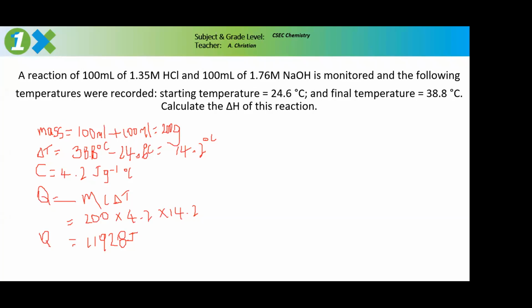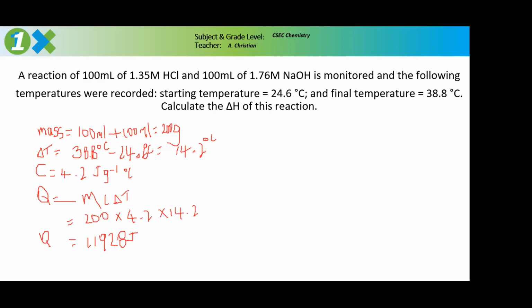Yes, sir. There's something that you must do. What are you missing? I don't think you'd find the ratio, but you'll have to find how much of that would give you 1.35 moles of HCl.